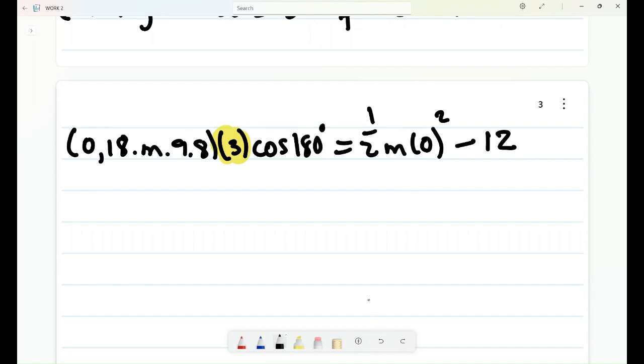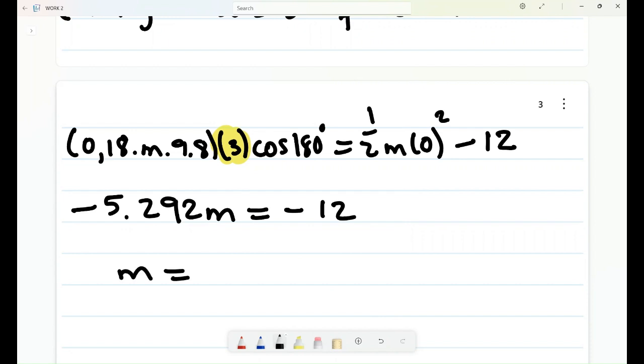This is simple algebra. So it's going to be negative due to cos 180. Negative 0.18 multiplied by 9.8 multiplied by 3 gives 5.292 m. It is equal to 0 minus 12, which is -12. You should divide both sides by 5.292.